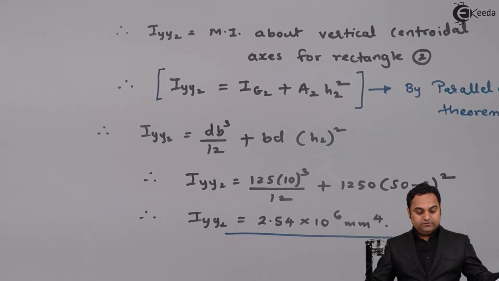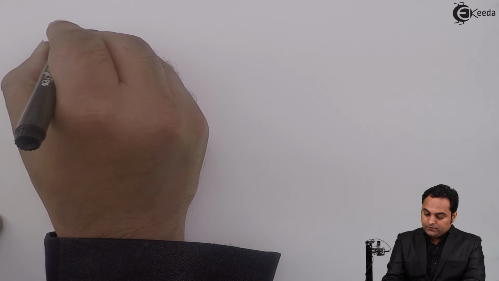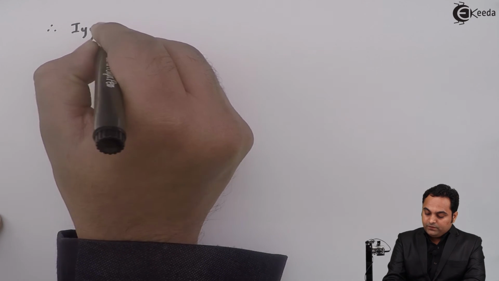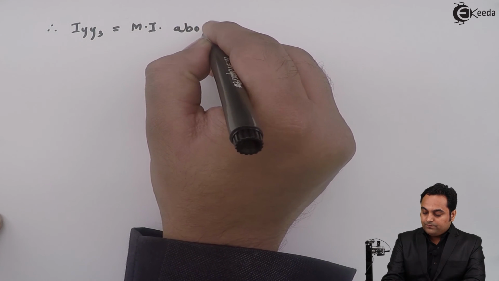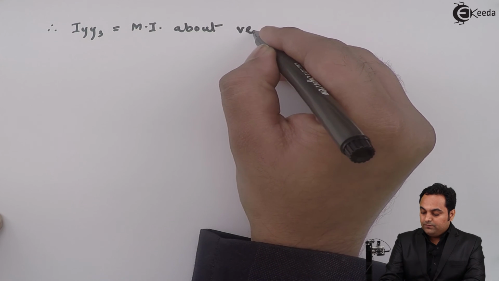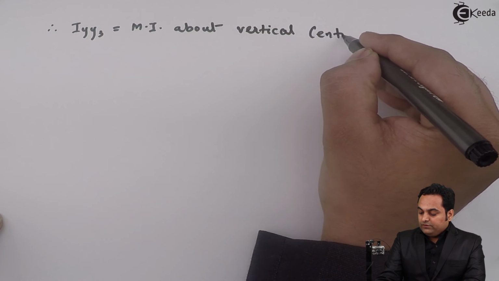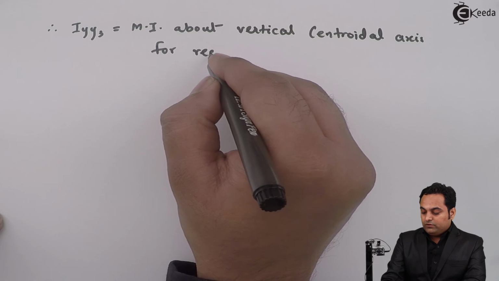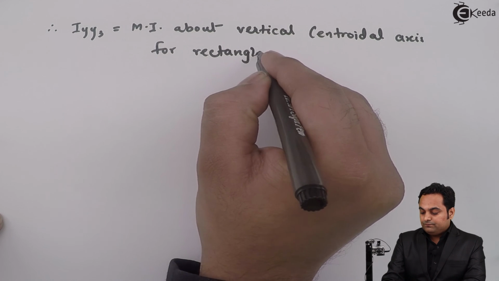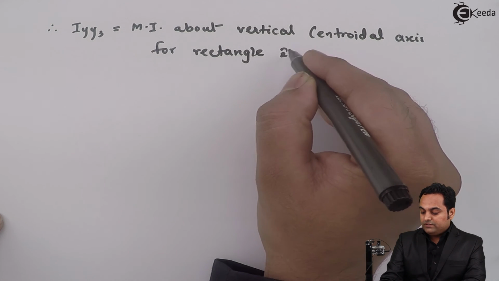Next we need to calculate Iyy3. So therefore Iyy3 is equal to moment of inertia about vertical centroidal axis for rectangle third.